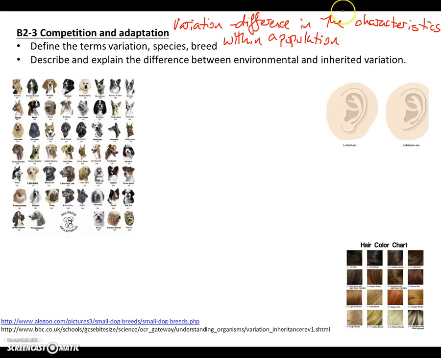So that could be height, weight, hair color, blood type, ear length, for example, lots of different things.